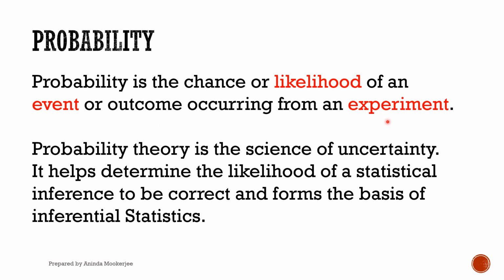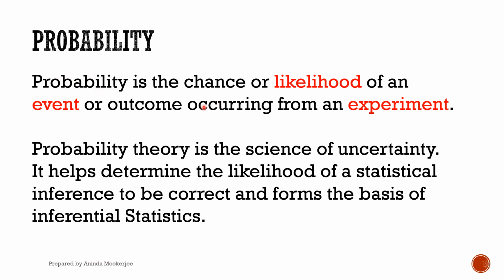So we have the experiment, which is an action we take to predict something in the future. And the result from the experiment is the event or the outcome. And the likelihood or the chance of a certain event happening is the probability.